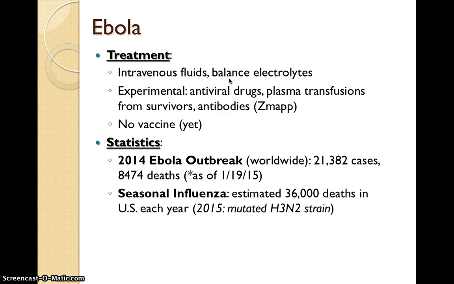There are some experimental drugs, some antiviral drugs, and some plasma transfusion from survivors, along with different kinds of antibodies made by companies. There's actually no vaccination yet. There are some experimental vaccines, but there's no completely vaccinated prevention for Ebola.